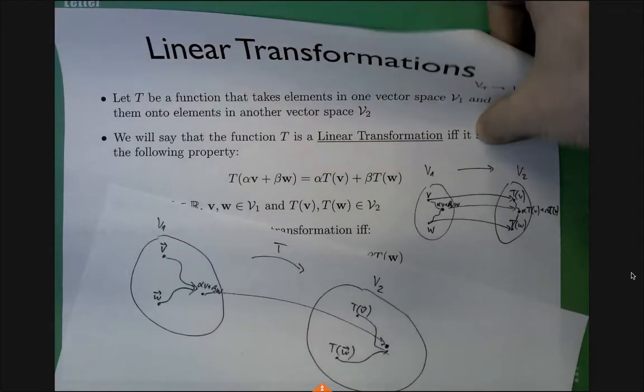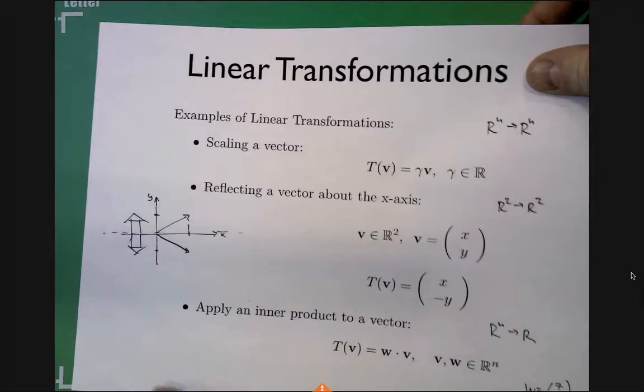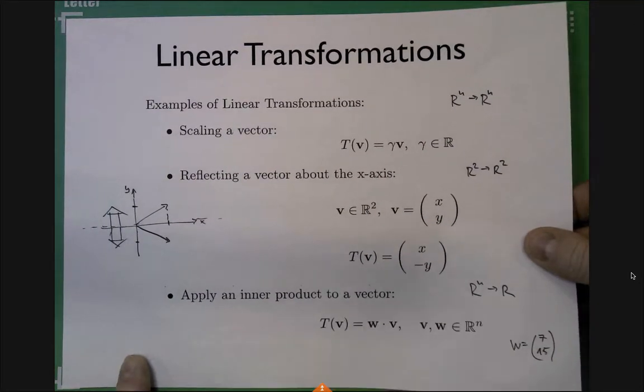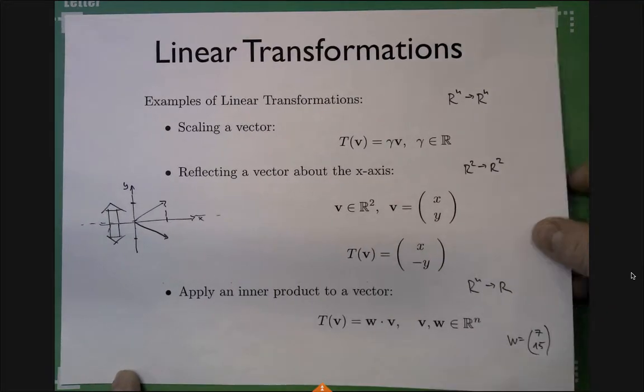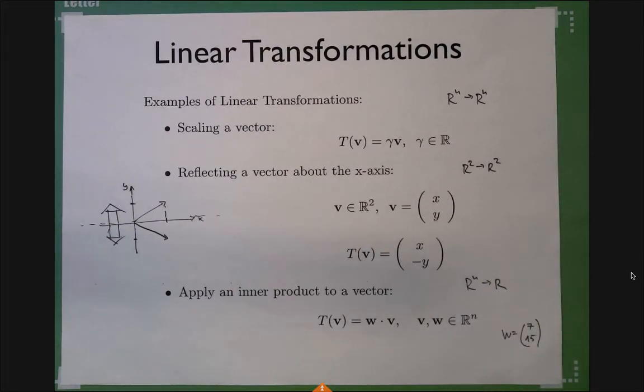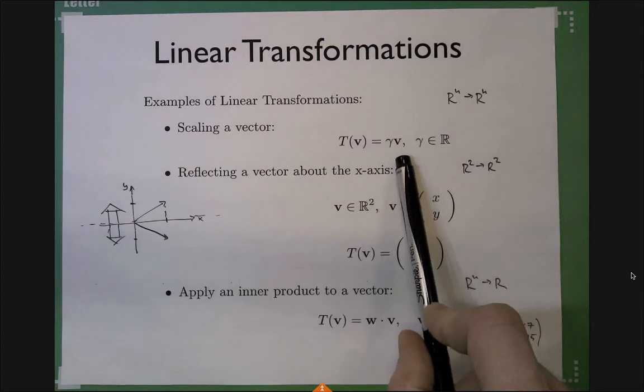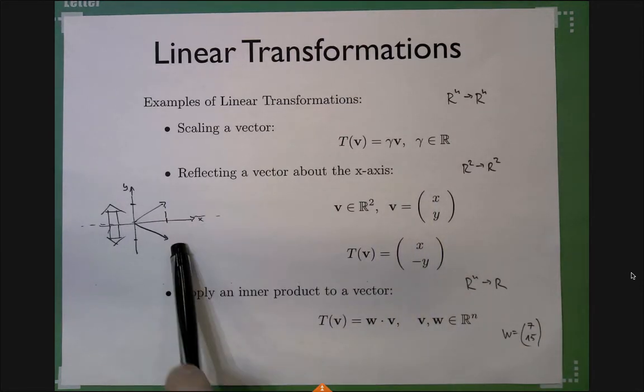I think the last time I also mentioned a few very basic examples of linear transformations, really just scratching the surface. Those were these three. It was just a multiplication by a scalar. Remember this? This was reflection, an interesting type of linear transformation. Later we will see also rotation and so on.